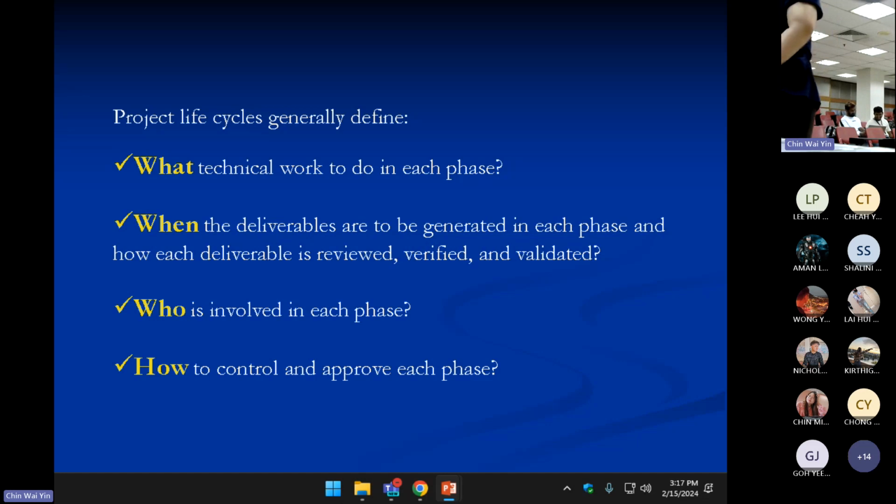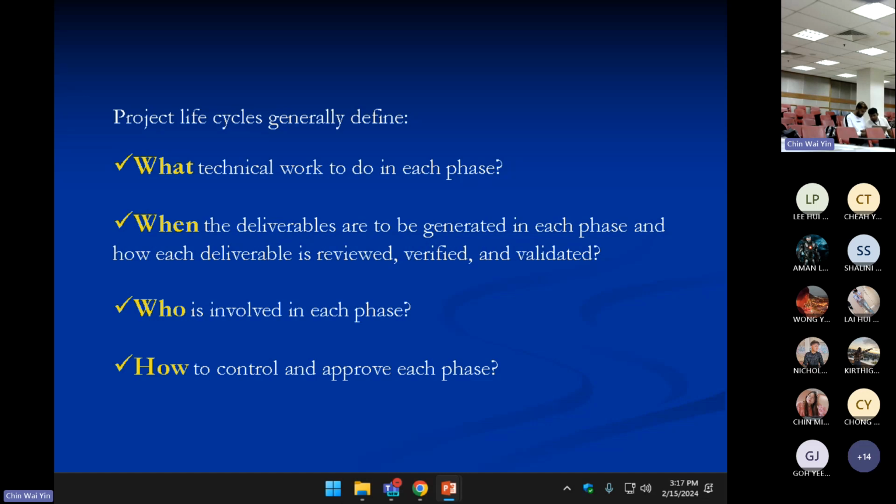So having phases gives us a deadline of when your deliverable should be generated, how it's reviewed, how it's verified, and also validated, right? Validated what? Your group assignment topic, validated by your tutor. Then who is involved in each phase?